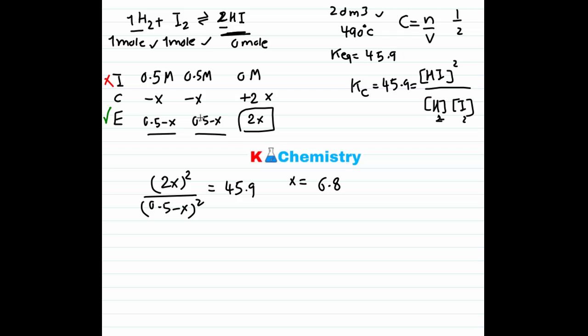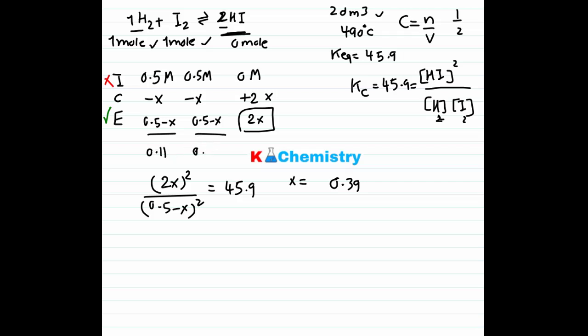Let me do it again. That's equal to 0.39. So if 0.5 has decreased by 0.39, this means that what is remaining is 0.11.